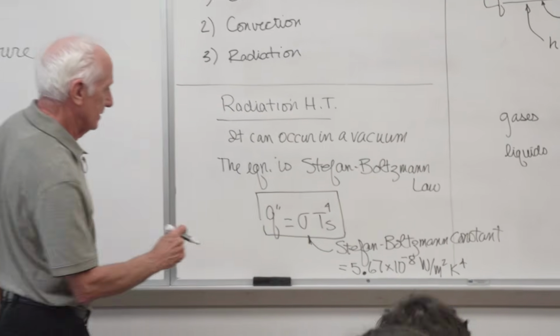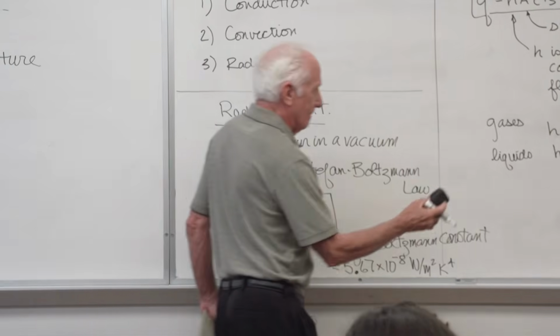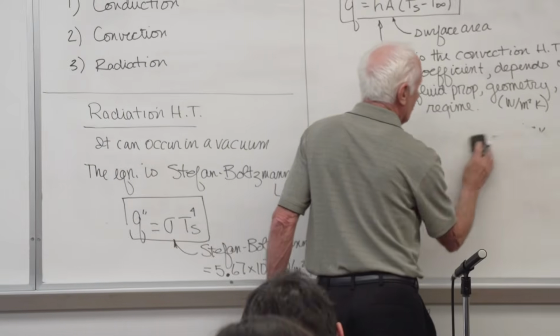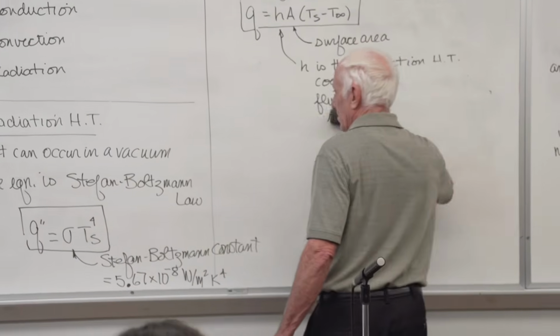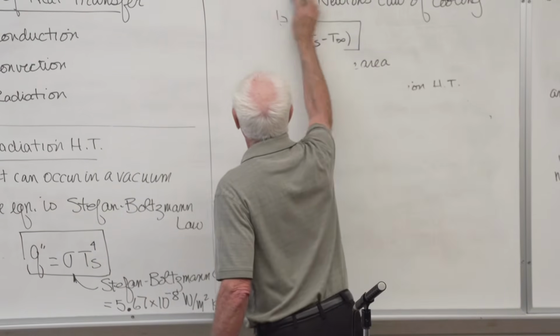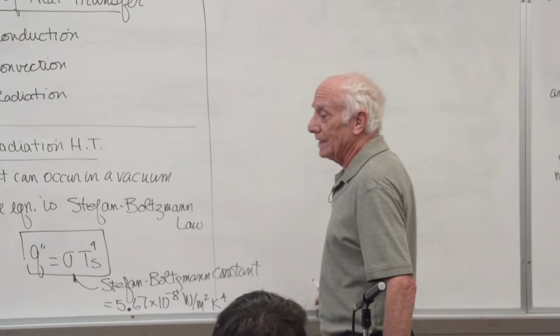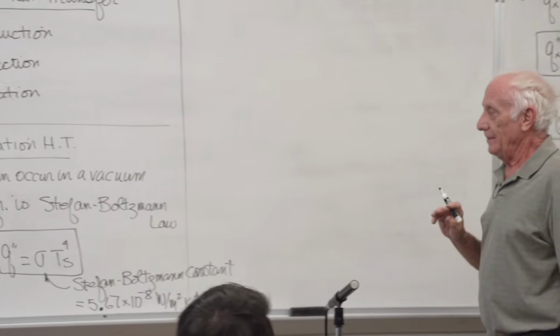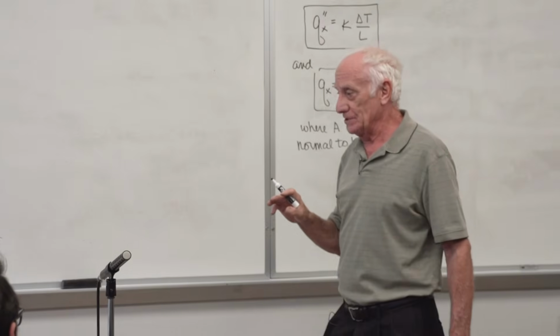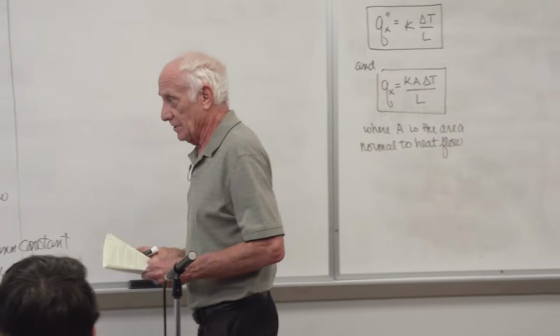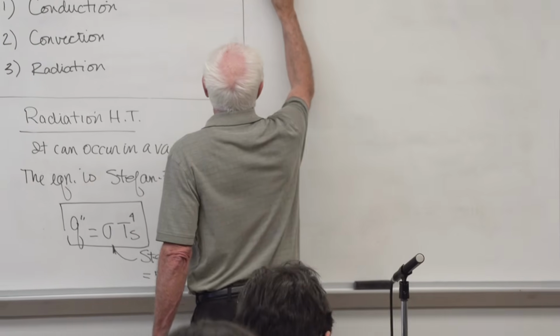Okay. So you give me a surface temperature. Oh, by the way, I will tell you the heat transfer from that surface, but there's a qualifier. That's the maximum energy the surface can emit. Okay, this is for an ideal emitter.